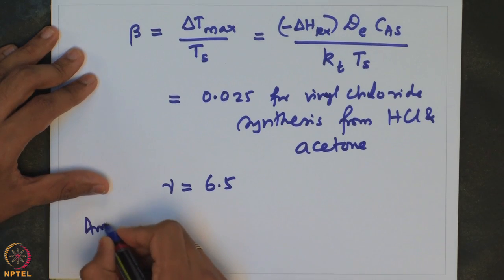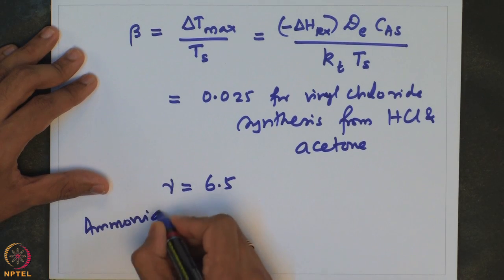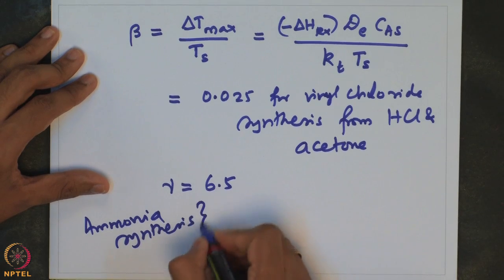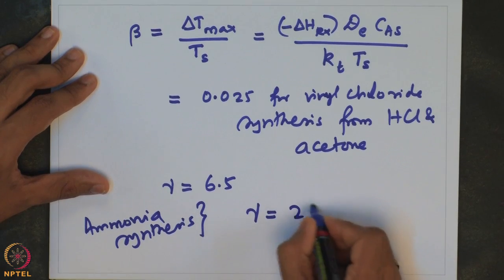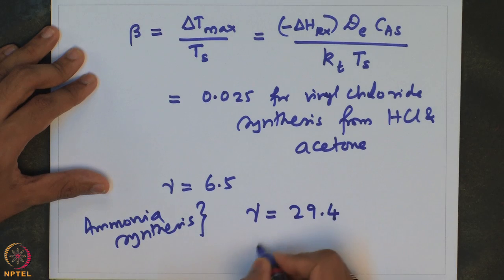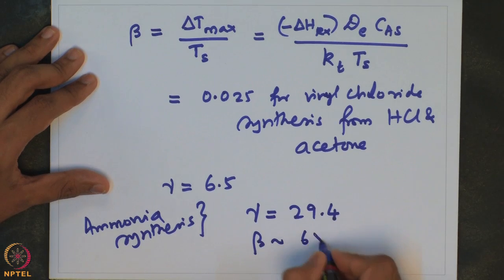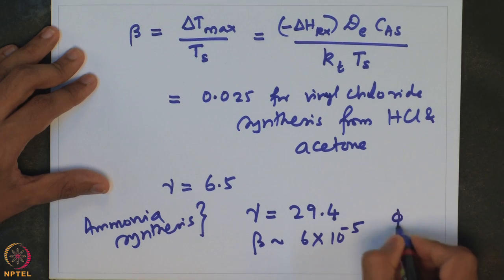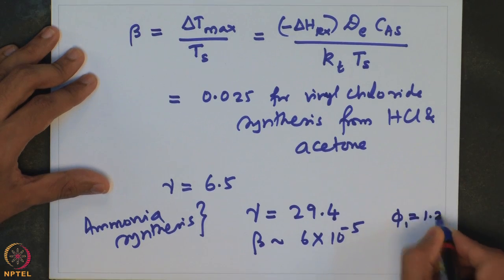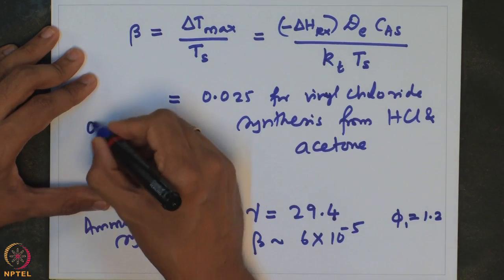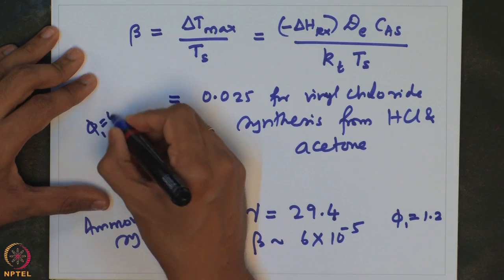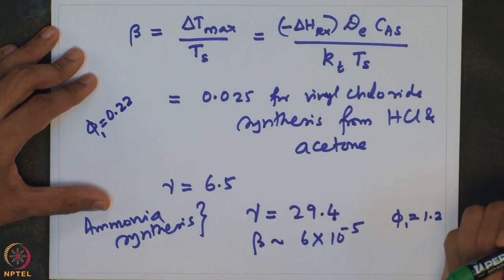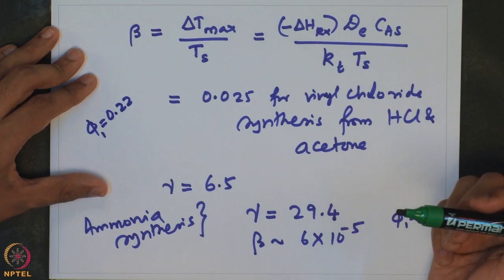Now, for the case of ammonia synthesis, gamma is equal to 29.4 and beta is approximately 6 into 10 power minus 5, and the Thiele modulus typically used is about 1.2, and for the other case the Thiele modulus used is approximately equal to 0.22. If you look at the numbers, there are some interesting aspects one can observe.